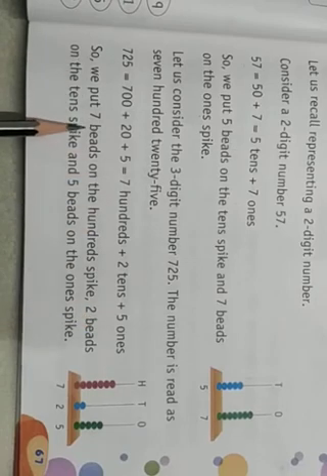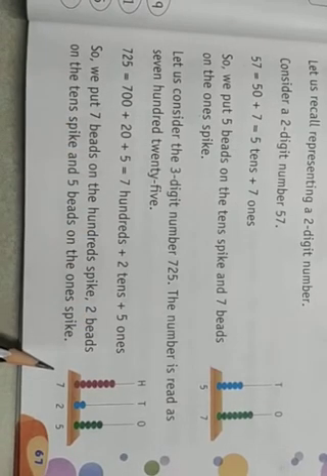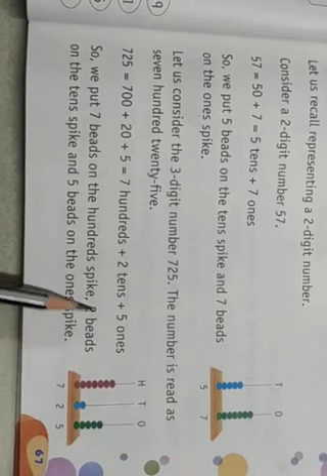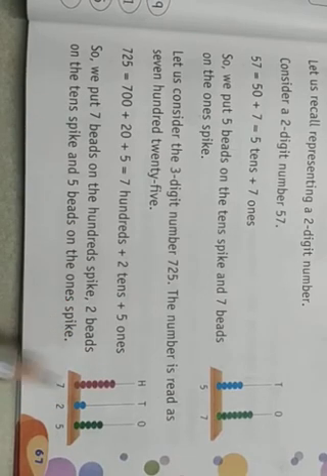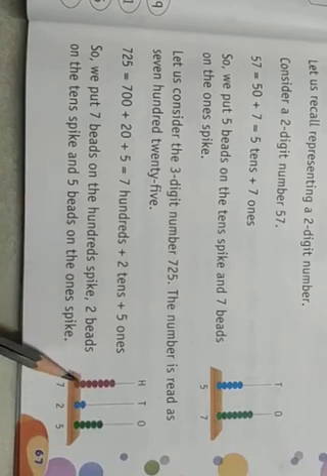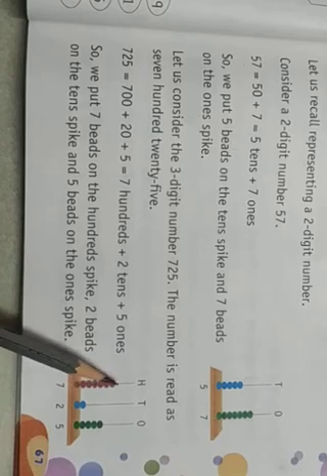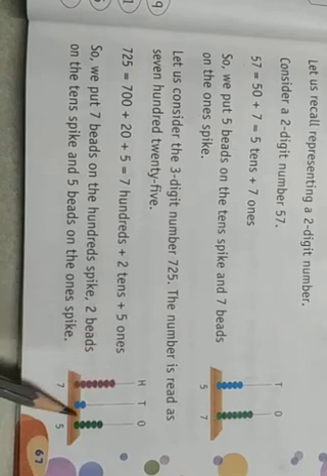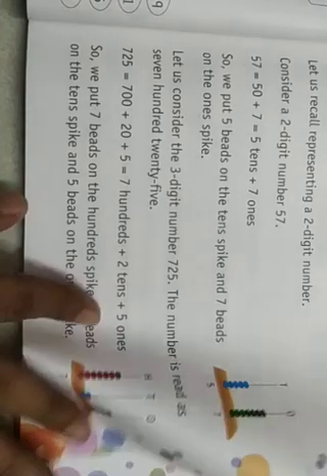So we put 7 beads on the 100 spike, 2 beads on the 10 spike and 5 beads on the 1 spike. This is the 100 place. 1, 2, 3, 4, 5, 6, 7. 700s. Then 2 tens, then 1, 2, 3, 4, 5. 725. That's it. Based on this, we will work on the Abacus format.